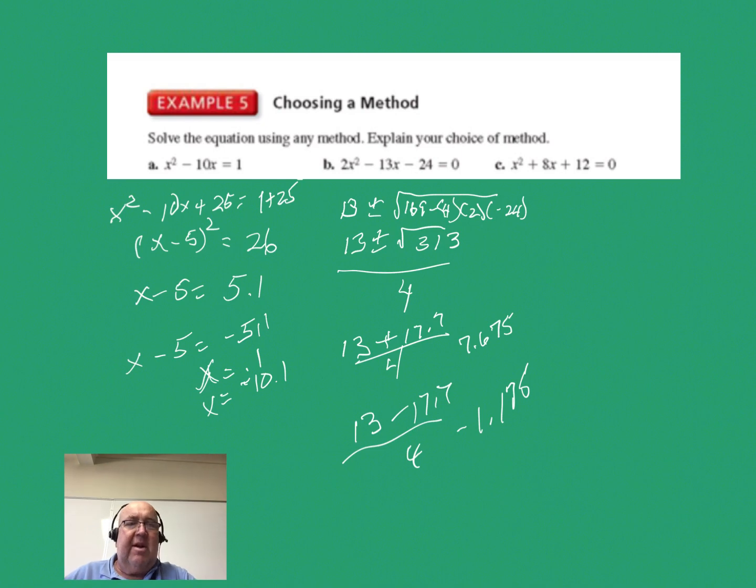And those will be approximates, not going to be exactly equal, so you'd have the wavy equal sign in front of those because we actually did some rounding.